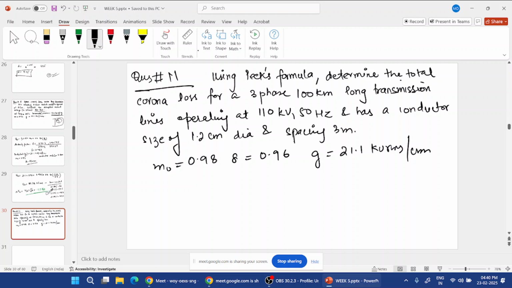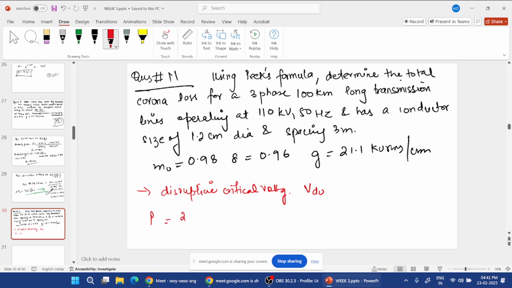It's quite a long question, so I will give you steps. First, we are going to calculate the disruptive critical voltage, which is VDO. Then after that, we will use this formula.